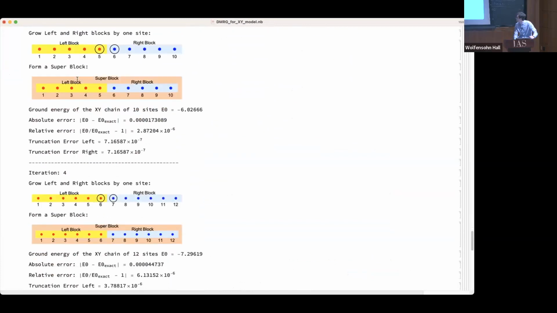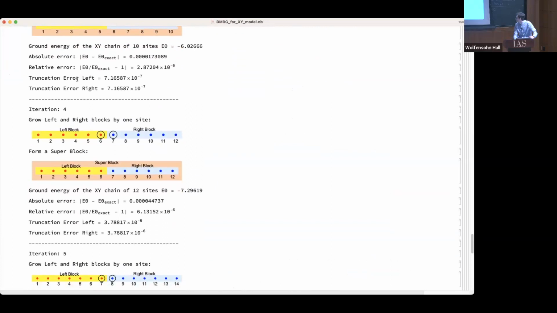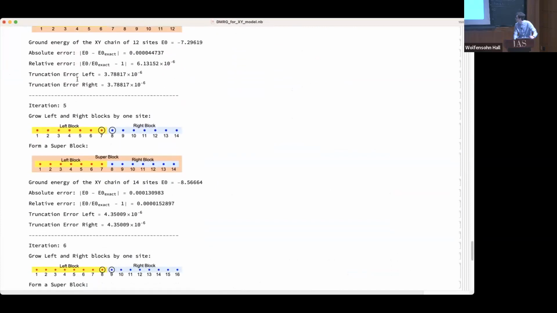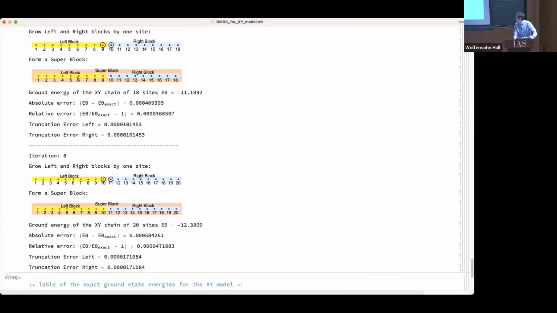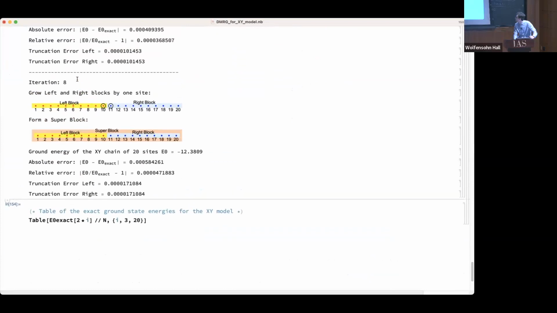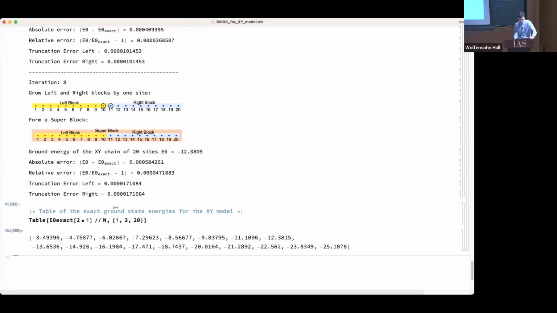I get iteration 1, iteration 2, and so on, up to a spin chain of 20 sites, and at each point I get my ground energy, and I can compare it with the exact solution and see what my absolute error is in this case, and how it compares with the truncation error.